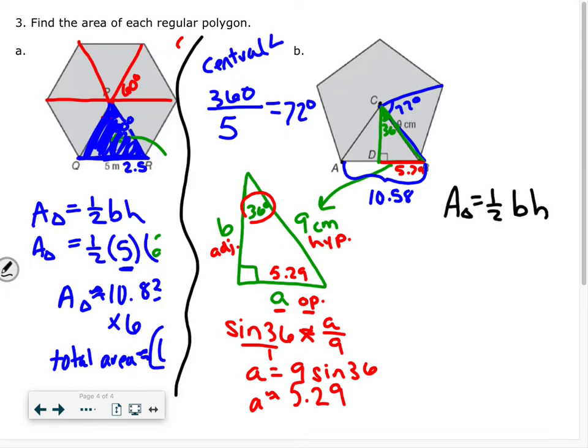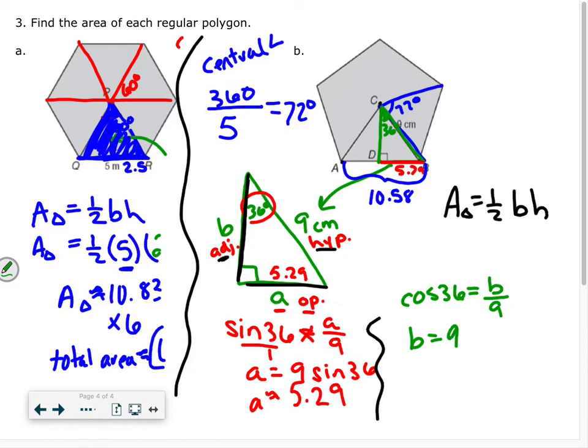All right, so let's backtrack a little bit. Now we need to find the height of that triangle. So we have the adjacent over hypotenuse. That's going to be cosine. So cosine of 36 equals our adjacent side, which we labeled B, over the hypotenuse, which is 9. Multiply each side by 9, or put it over 1 and cross multiply.